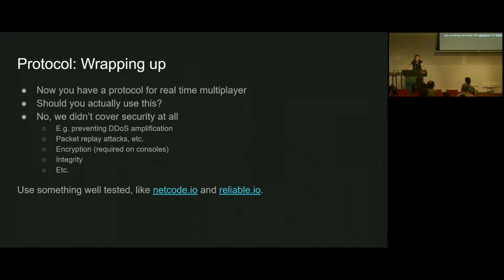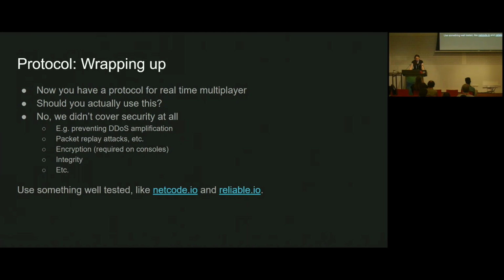You can imagine a scenario where your game servers reply with a larger message than the request. Somebody can create a packet with the source IP of the person they want to target and send it to your game server, and then your game server sends massive messages back to the target the attacker wants to hit, and you're paying the bandwidth bill for that.